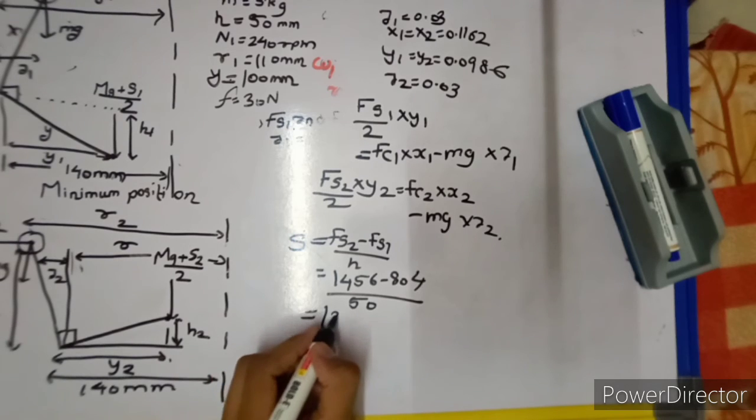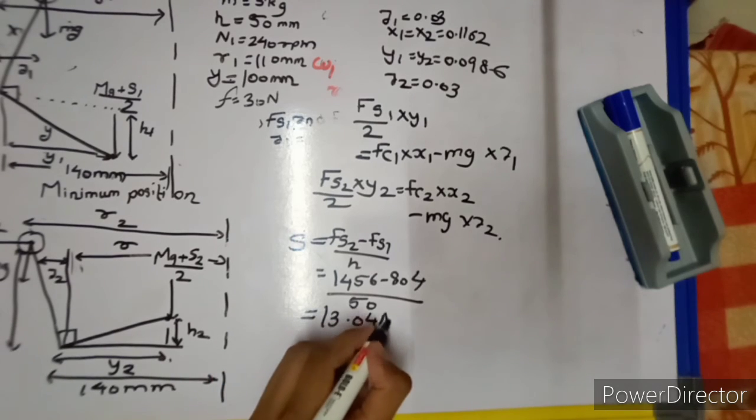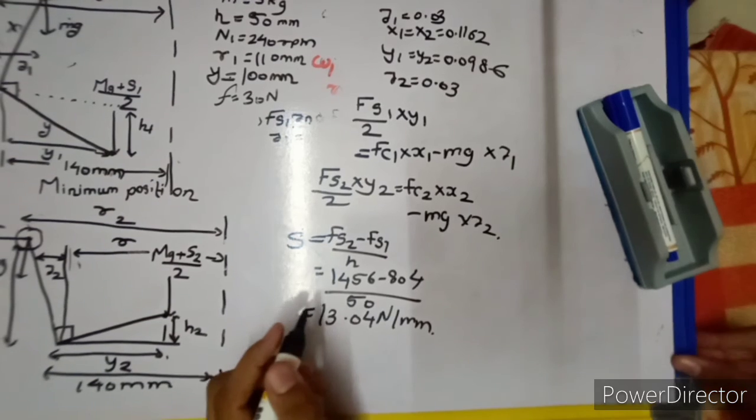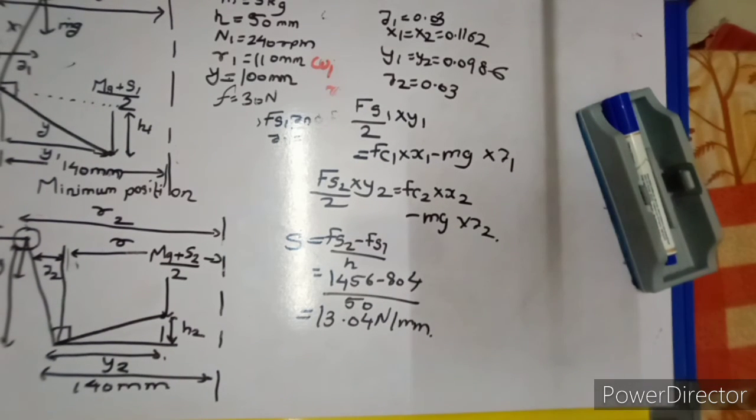So we'll get 13.04 Newton per mm. And now we have to find the speed, no? So first the initial compression we have to find. So what will be the initial compression?